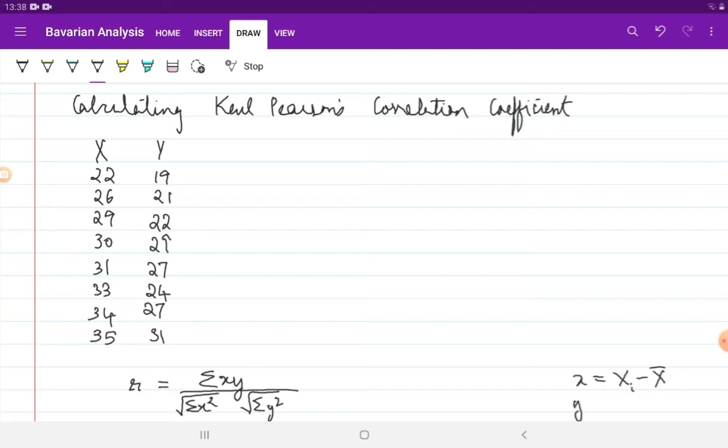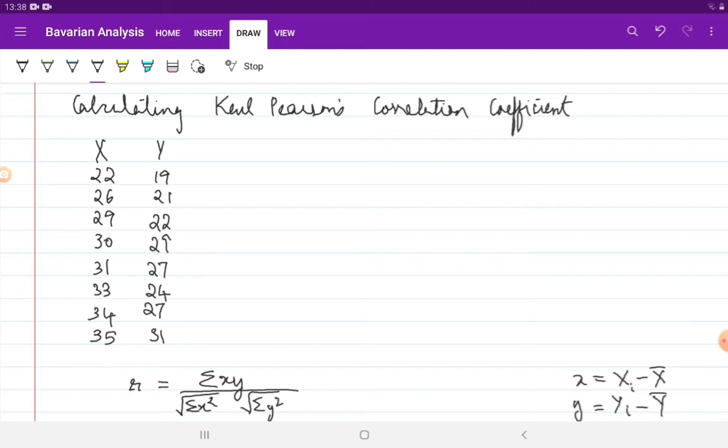Similarly, small y is yi minus y bar. The book that you are following simply calls it capital X and capital Y, which means one and the same thing. Giving the subscript i is more technically correct, but you will get marks whichever way you write.